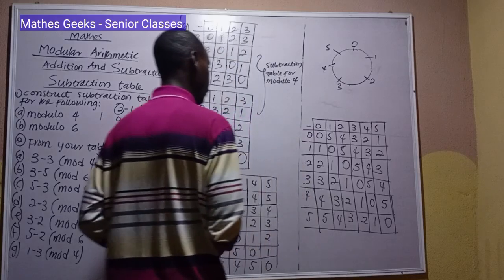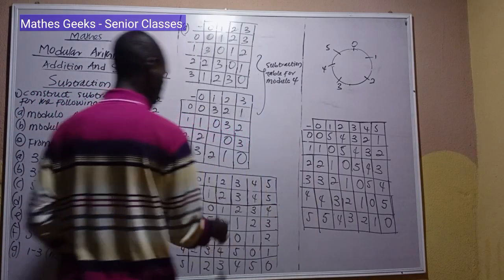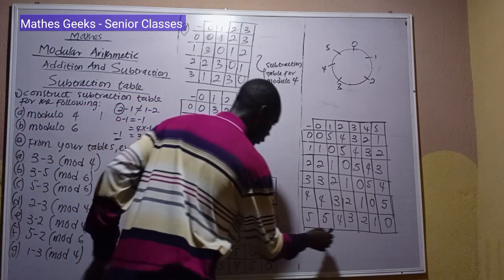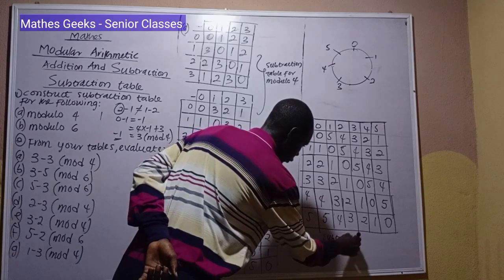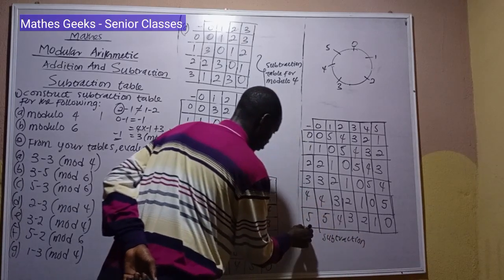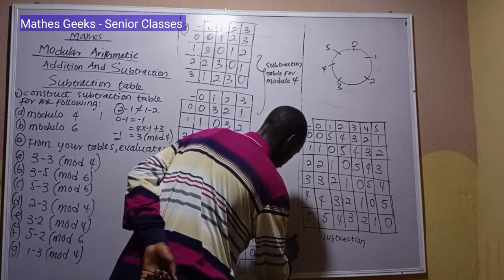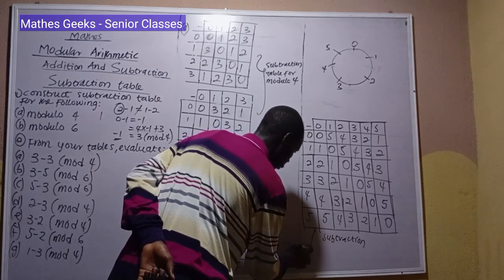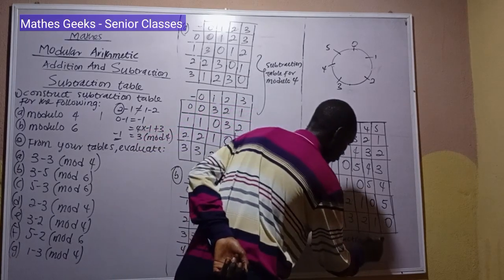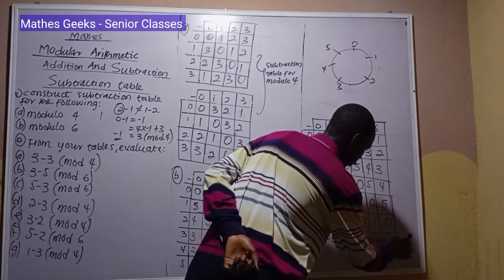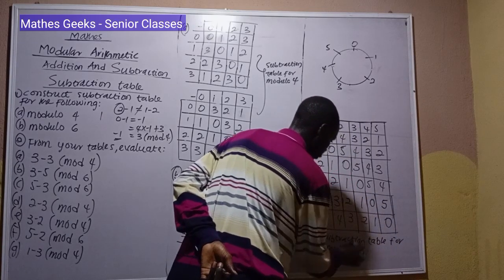So that's it. This is the subtraction table for modulo 6.